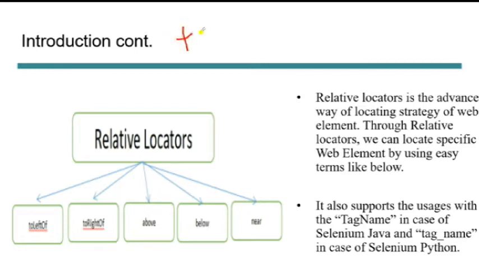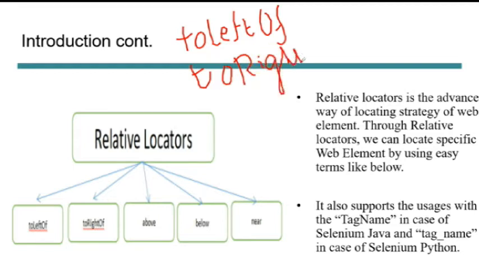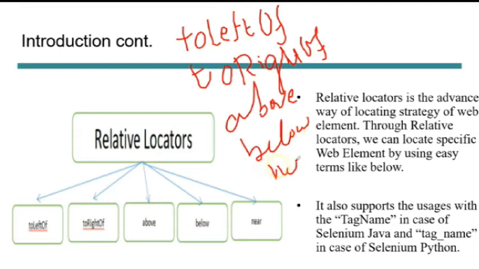One is toLeftOf. Then we have toRightOf. Then there is above, there is below, and there is near. So these five relative locators are available in Selenium 4.